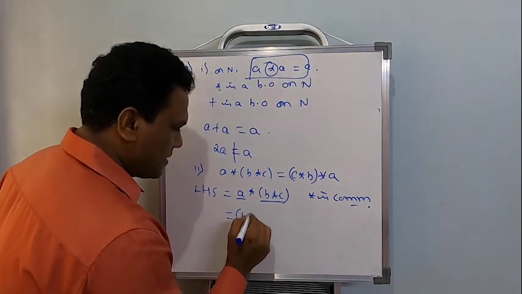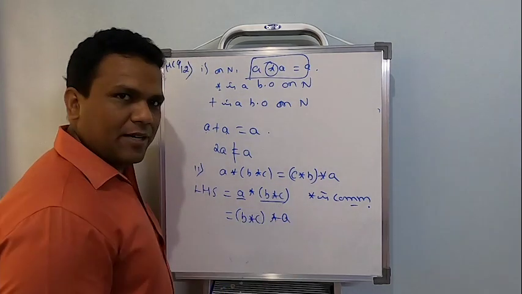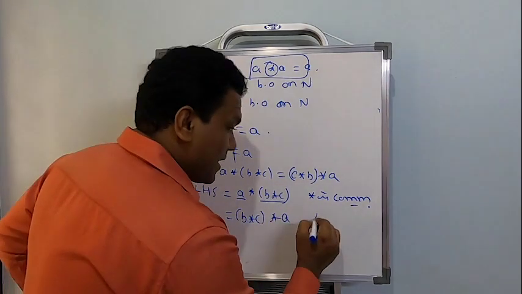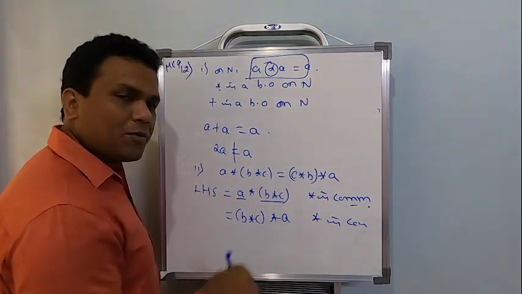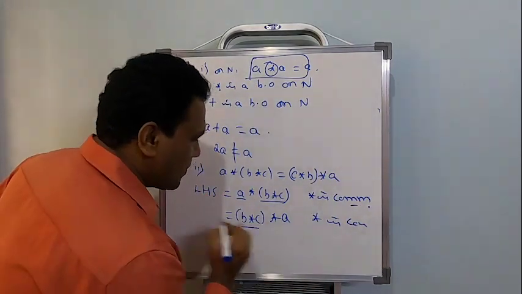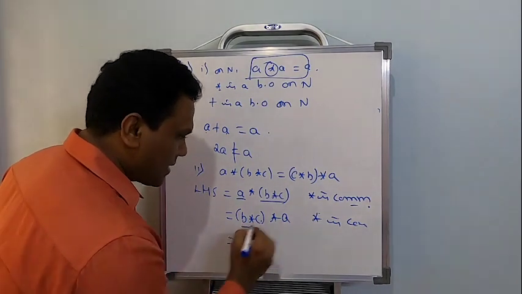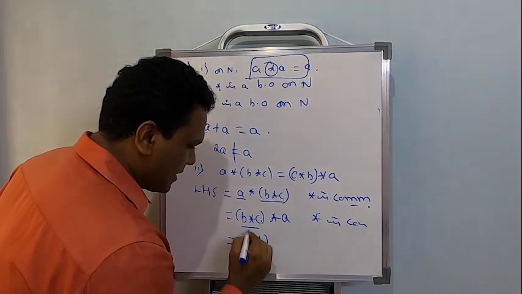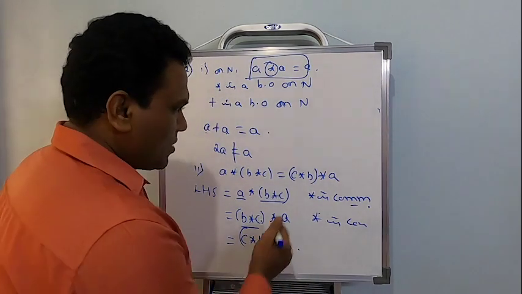This can be written as (B star C) star A by using the commutative property. Star is commutative every time, throughout the question. So let me apply the commutative property for these two. B star C can be written as C star B. Now just look at that.